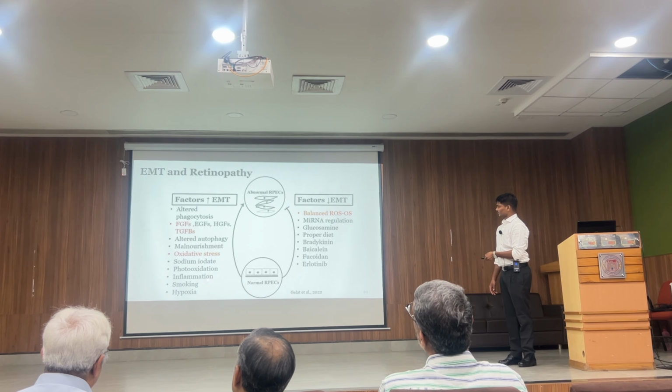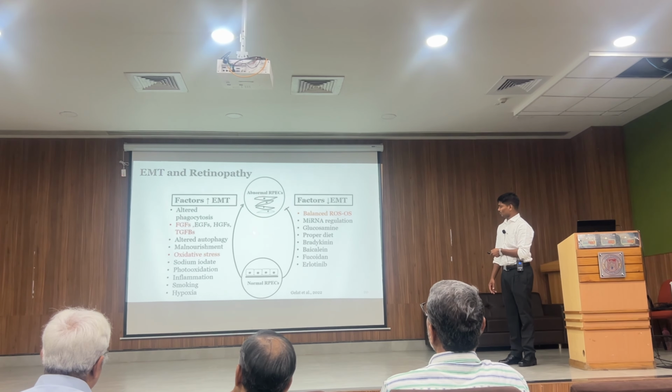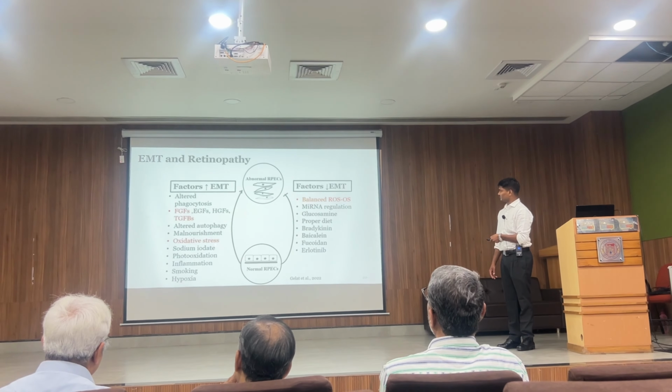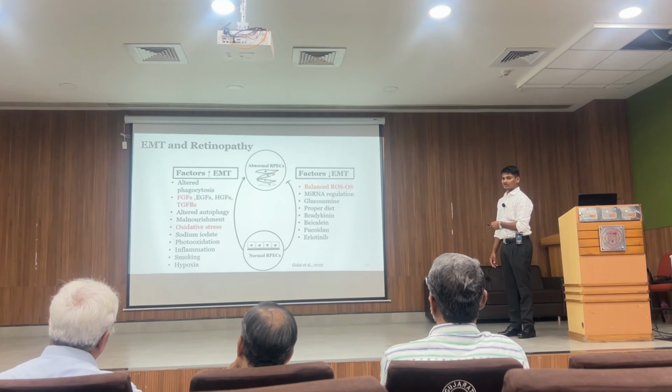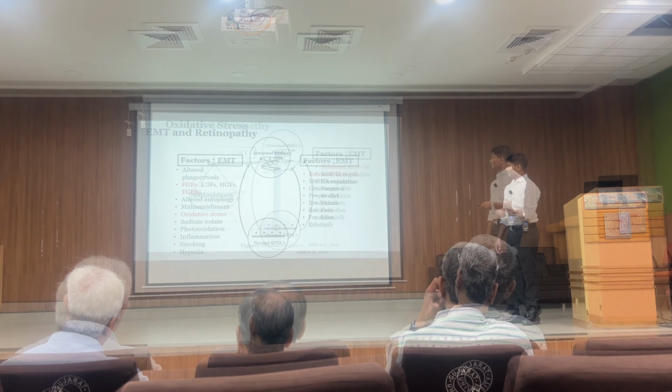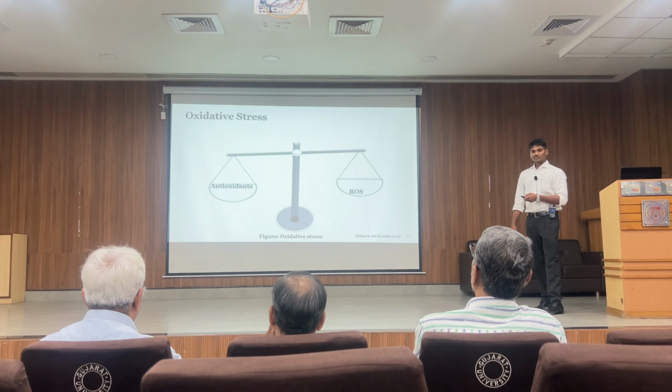For this particular study, we have focused on TGF beta 2 and hydrogen peroxide, which is an oxidative stress inducing substance. Due to that, the normal retinal pigment epithelial cells are converted into mesenchymal cells.